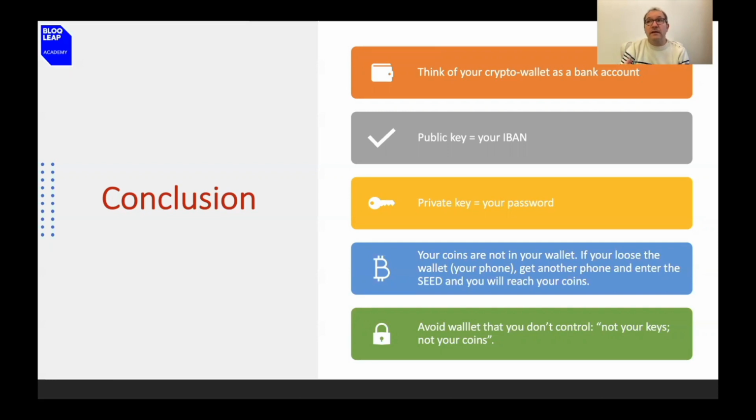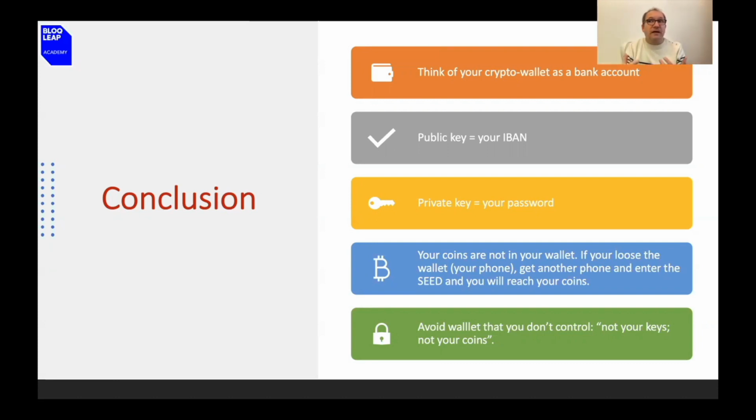And again, when we talk about that, and it's very, very important for newcomers, once you've got your wallet and you've got your keys, you are the only owner of the coins. If you leave it on an exchange, your wallet is controlled by somebody else, by the people who own the exchange.